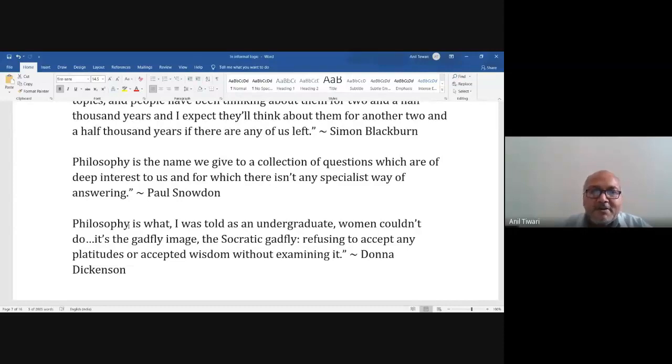So here, Paul Snowdon is basically pointing out that character of philosophy, that dimension of philosophy, where the subject matter is not fixed. You can take up any subject matter. Similarly, method is also not fixed. So you can adopt any method. You can devise your own method.